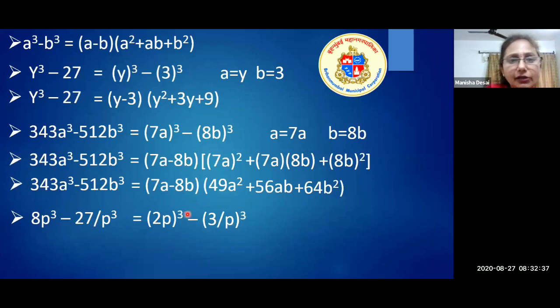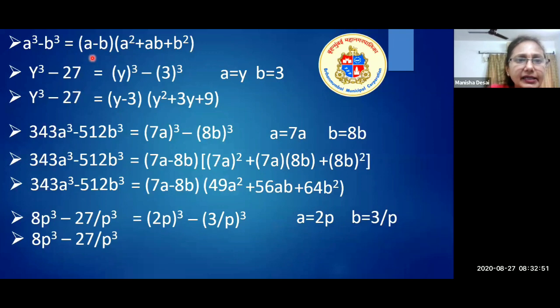Now, in the formula, we have to replace the terms a and b. So what are we going to replace? We are going to replace a with 2p and b with 3 upon p. So this a minus b can be written as 2p minus 3 upon p. Then a square.